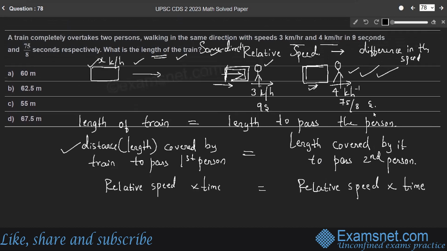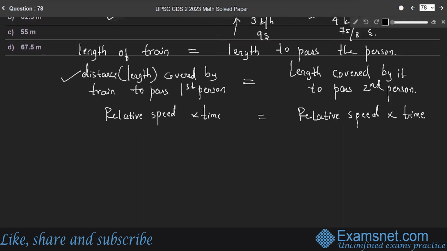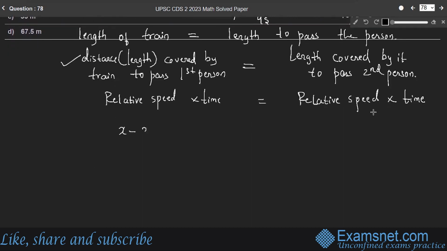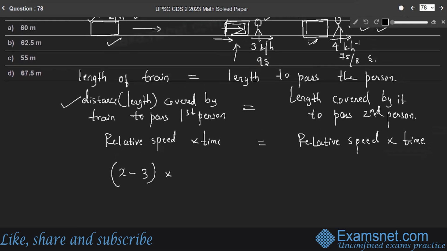Relative speed with respect to the first person is x minus 3 km per hour, into time taken, 9 seconds. In terms of hours, 9 seconds is 9 by 3600 hour, since 60 into 60 is 3600.